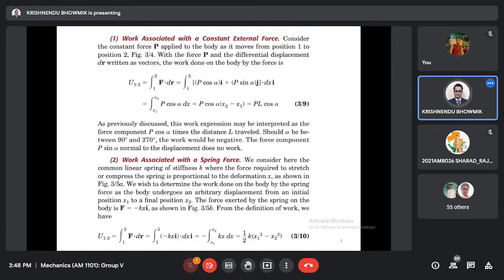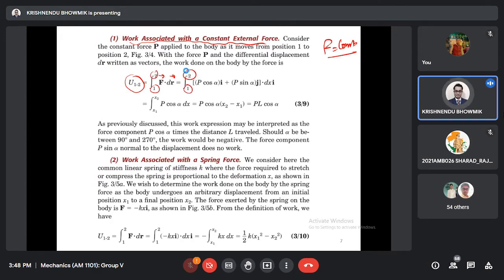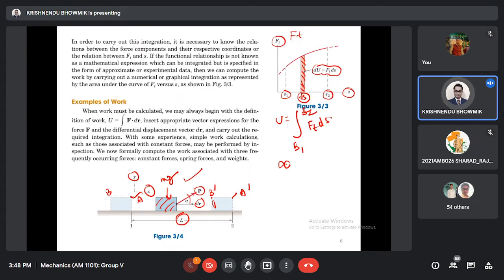So this is the scenario when we have introduced some angle alpha. Work done associated with a constant external force: when the force F is constant, F can come out of the integration by definition. U12 is F dot dr, 1 to 2. We have applied P, so it is P cosine alpha, and this is P sine alpha.